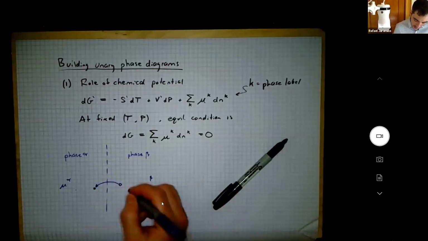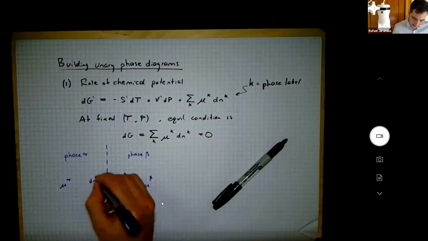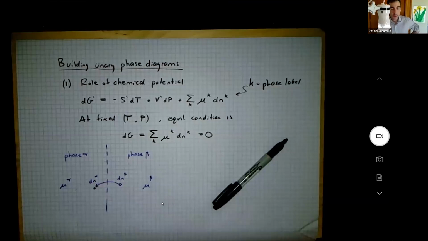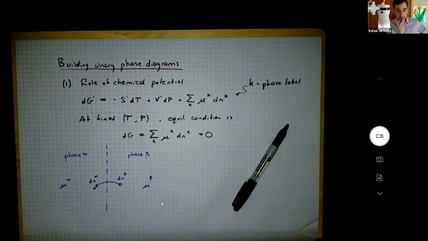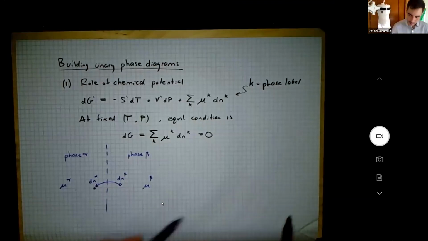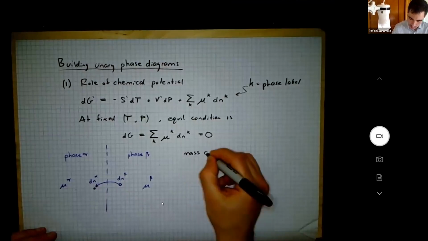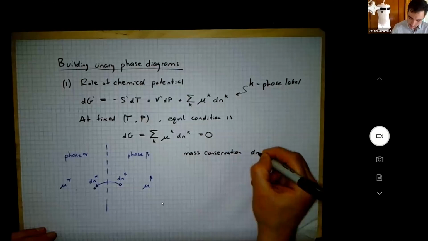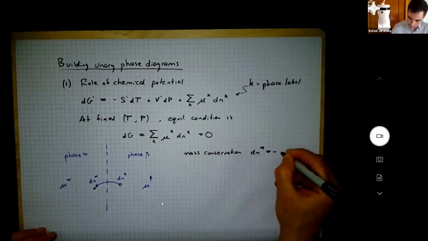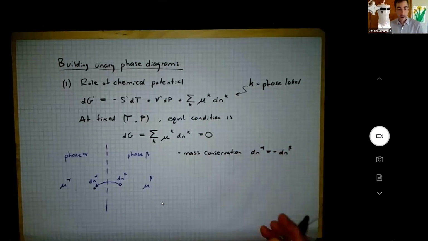So let's imagine this is a dN of beta, and this is a dN of alpha. And we require mass conservation, which means that dN of alpha equals minus dN of beta.